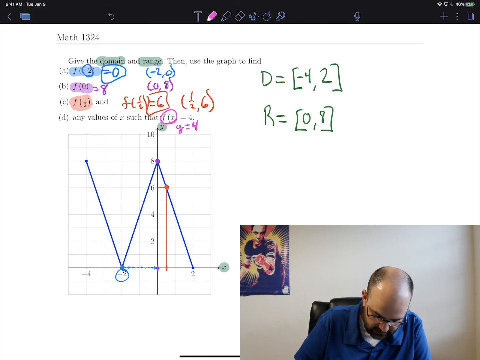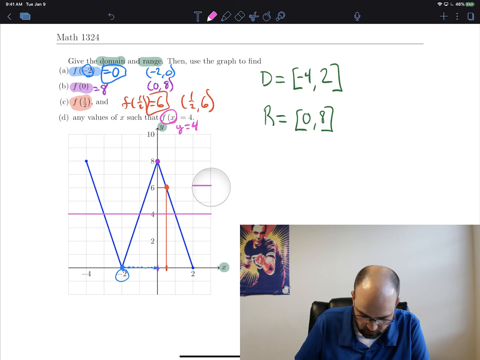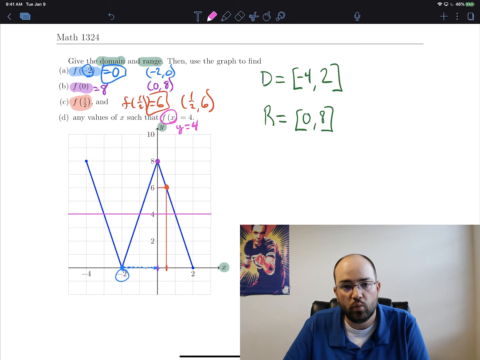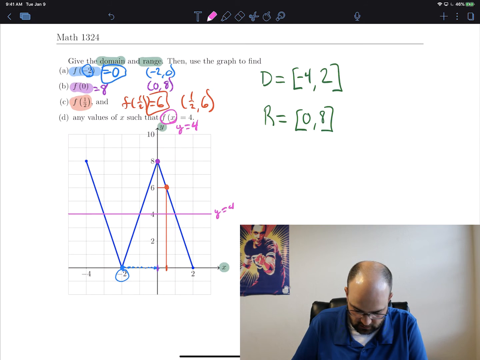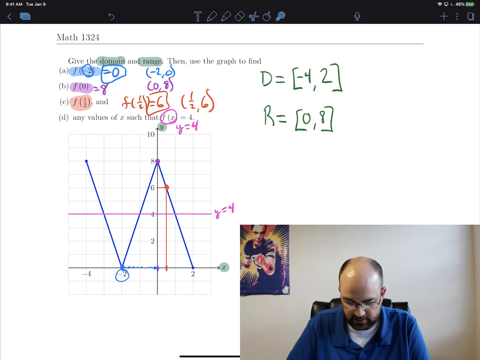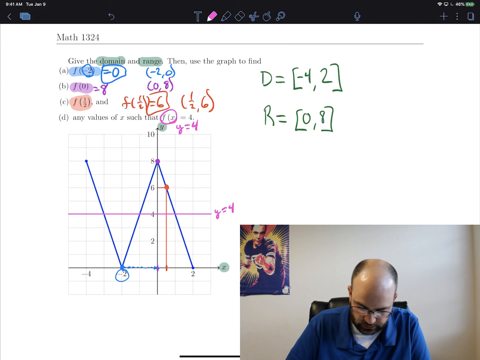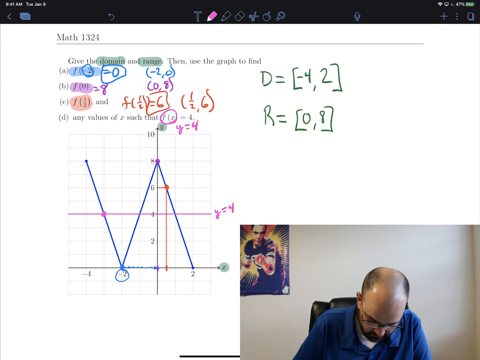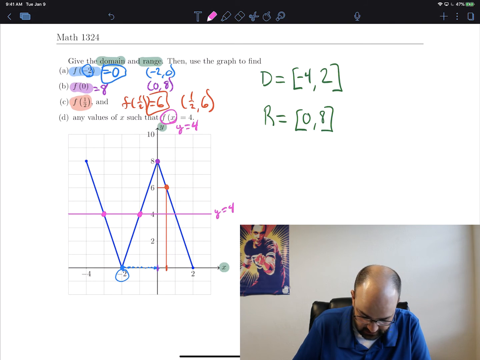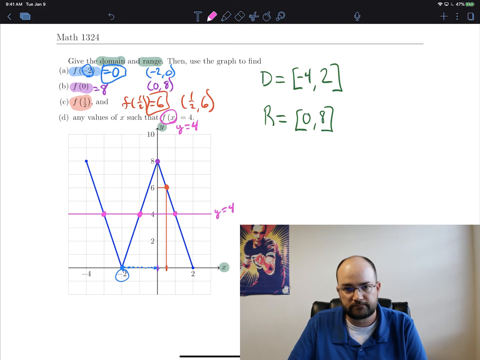In other words, if I was to draw a horizontal line here at 4, I want to know where on the x-axis this is happening. In other words, where does this graph cross that horizontal line? Well, it happens in 3 different places. It happens here, it happens here, and it happens here.